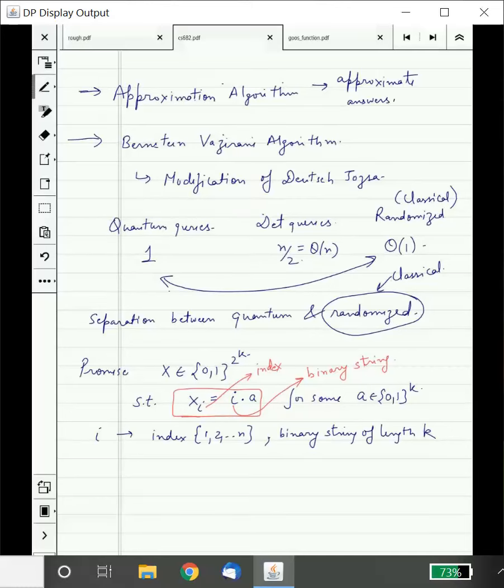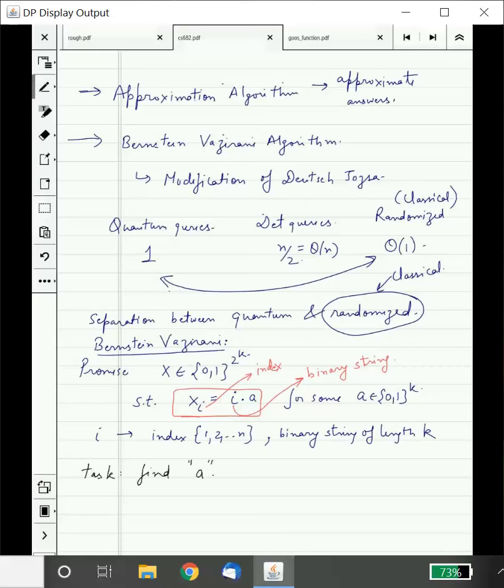Once again, the Bernstein-Vazirani problem says that we have inputs of a very special kind, so that every x_i is of the form i dot a. The task is to find a.